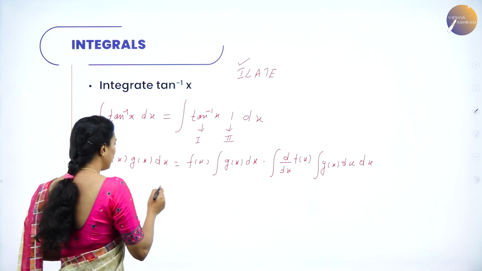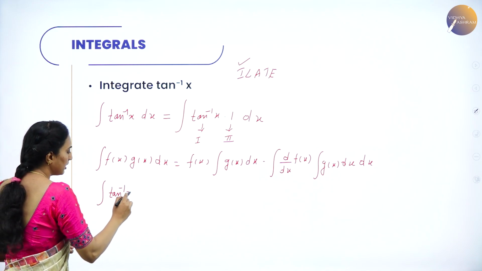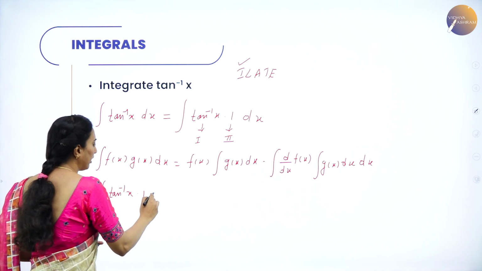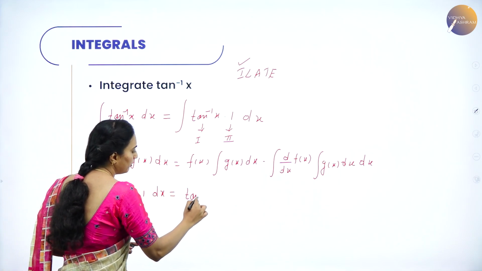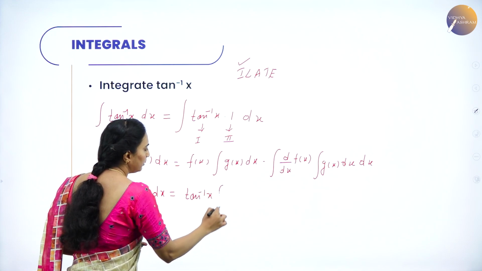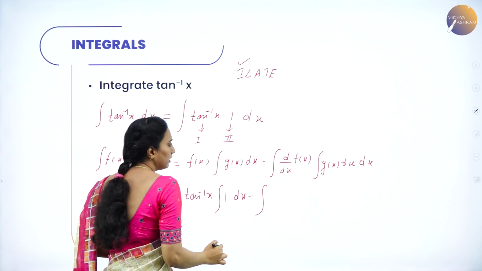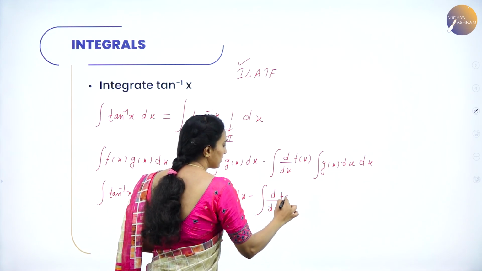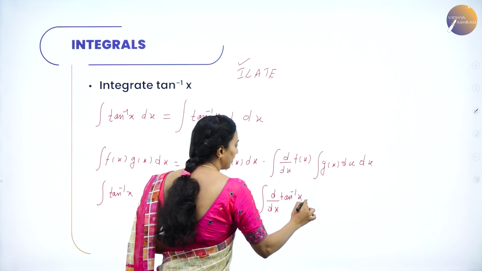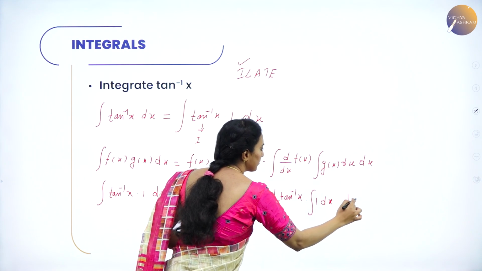Now here, substituting accordingly, the first function is tan inverse x and the second function is 1 into dx. It is equal to f of x, which is tan inverse x, into integral of 1 into dx, minus d by dx of tan inverse x into integral of 1 into dx, into dx.